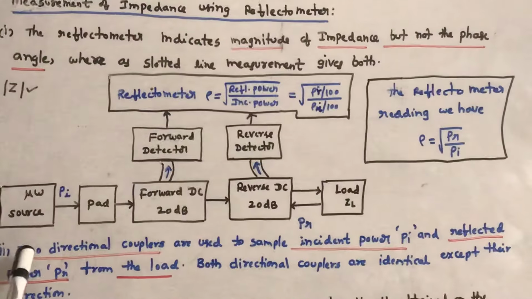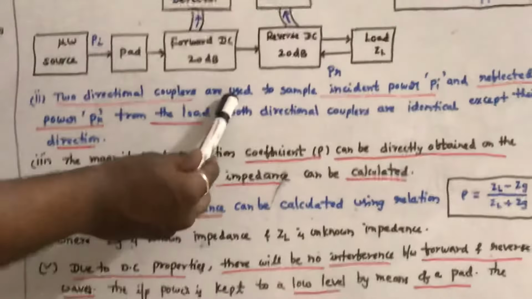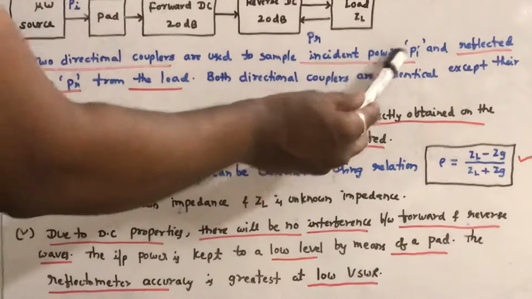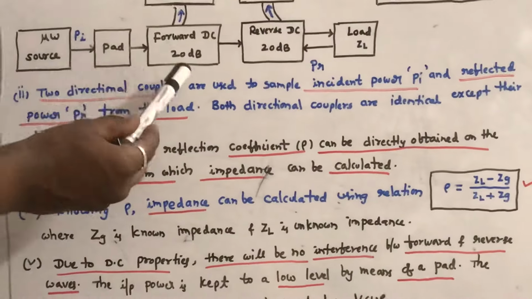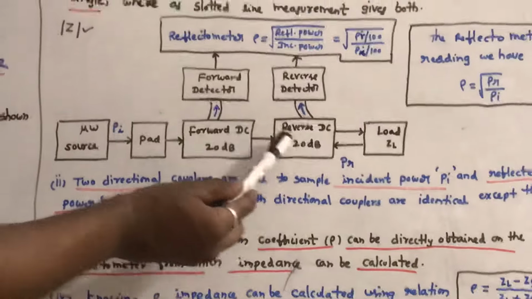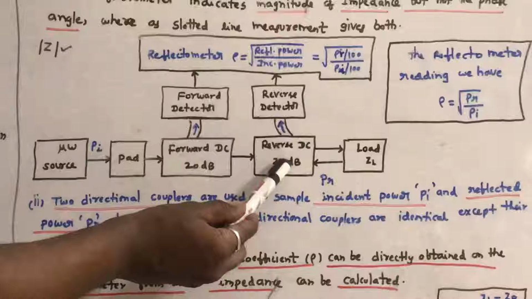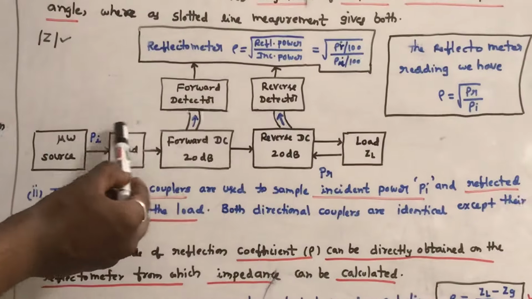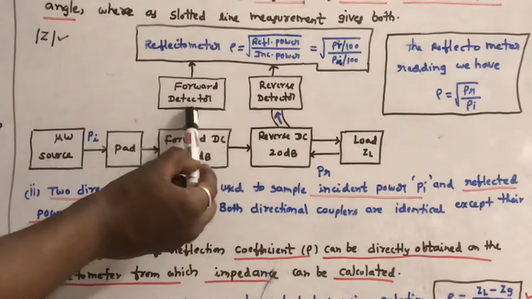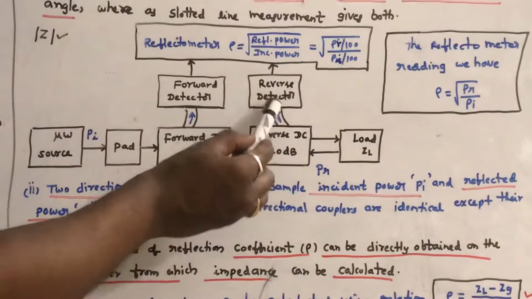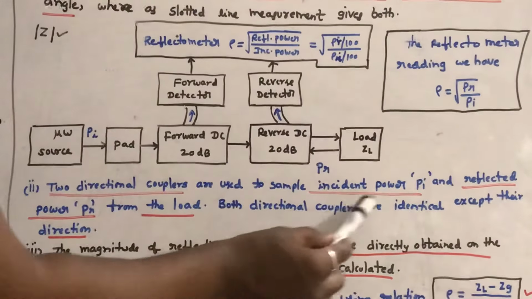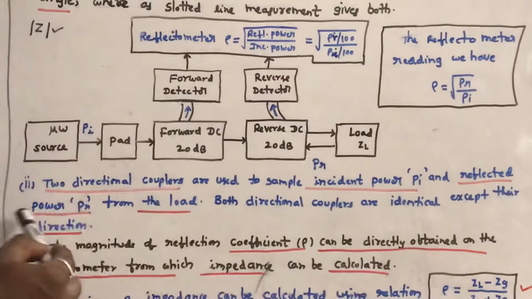Here two directional couplers are used to sample incident power PI and reflected power PR from the load. You can see two directional couplers here: this is one directional coupler, this is the second. These two directional couplers are used to sample the input power as shown and the reflected power from the load. Both directional couplers are identical except for their directions.